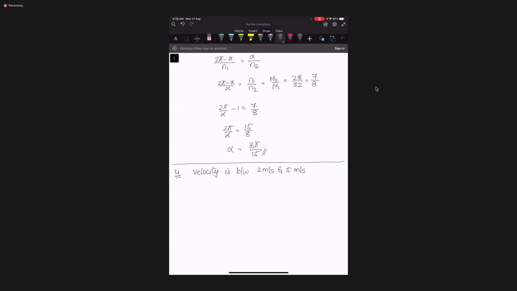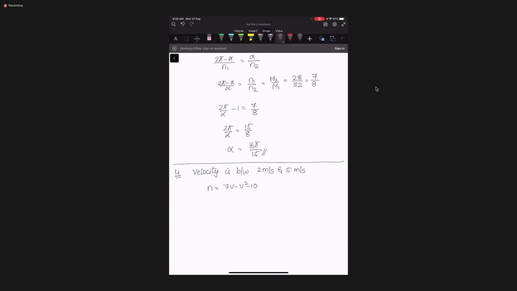The number of molecules N and the velocity V are related as N equals 7V minus V square minus 10. The most probable velocity in the sample is, so tell me this, among VRMS, V average, and VMPS, which has the highest velocity?